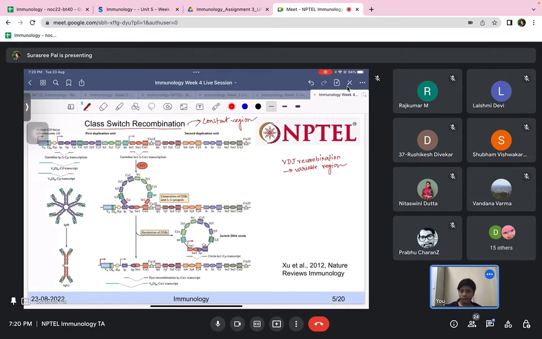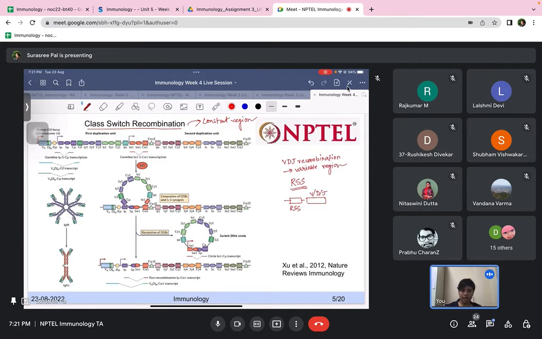So how does this happen? First of all, in VDJ recombination, we had mentioned one sequence, that is RSS. Anyone remembers what was RSS? Recombination signal sequence. Yes, very good. This RSS was the sequence which was upstream to any of these V or D or J segments, right?